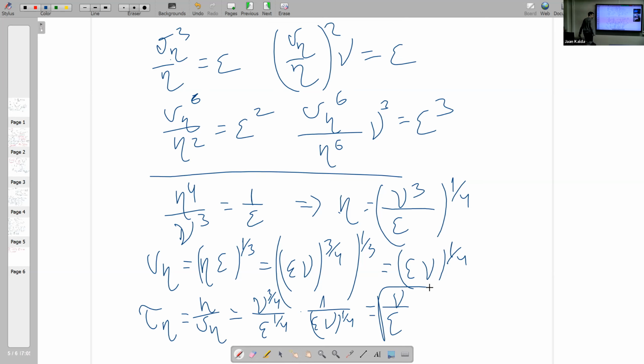As you can see, the microscales depend on the energy dissipation rate. How do you feel about it? All is clear? Arthur? And with that, we can go on.